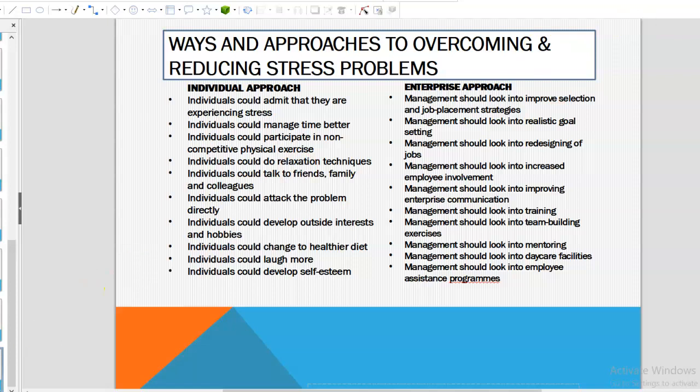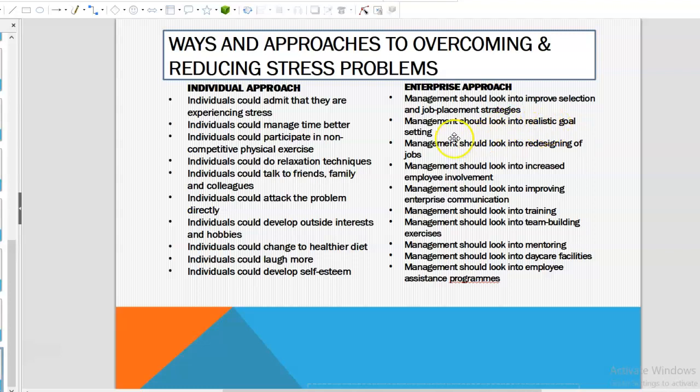Okay, let me do this. Yes, as we are saying, the first one, when we say they should look into improved selection and job placement strategies, it's because employees should be placed where they perform to their optimum level. This can also increase what we call job satisfaction.